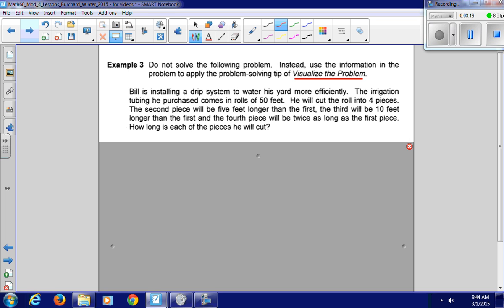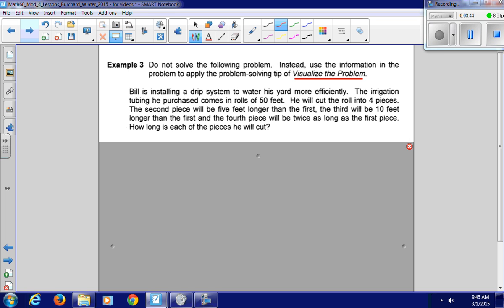And so we're really just playing with things like this. We don't really think anybody ever installs a drip system by cutting a piece that's 5 feet longer and 10 feet longer and twice as long. We're using it to help you learn these techniques so that when you get to situations where you might use it, you'll have practiced it.